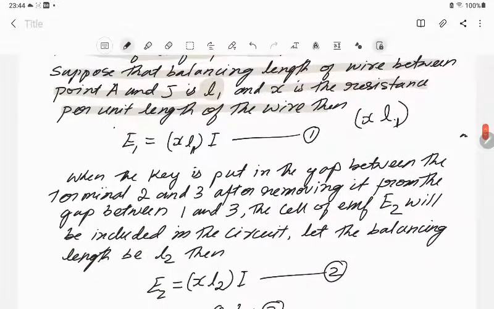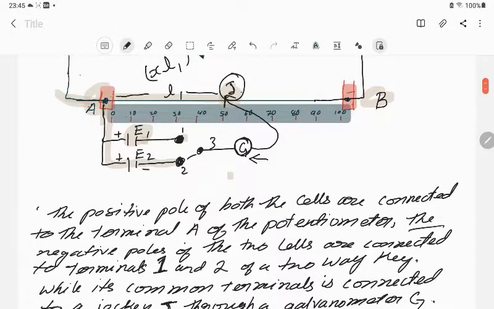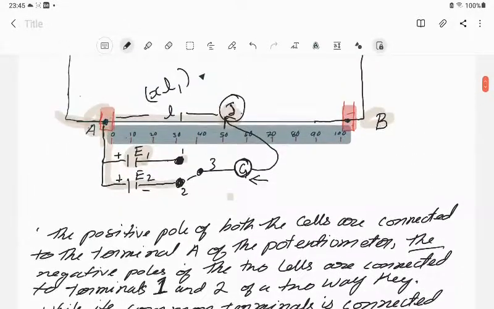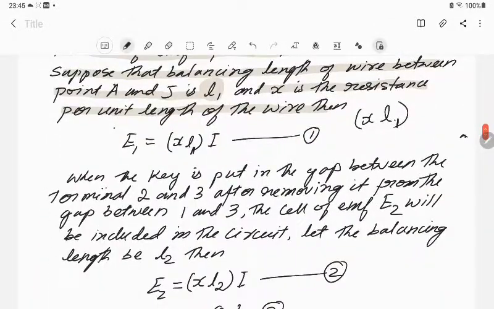When the key is put in the gap between terminal 2 and 3, after removing it from the gap between 1 and 3, E2 will be in the circuit, and E1 is not in the circuit. The cell of EMF E2 will be included in the circuit.